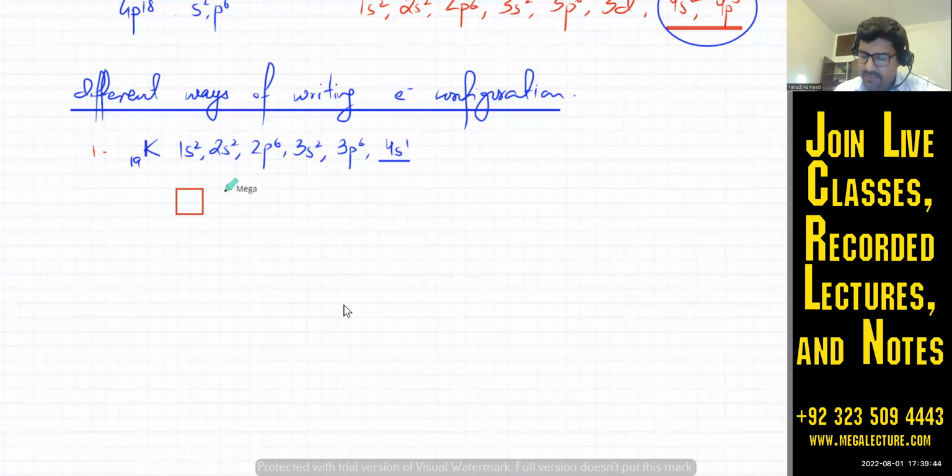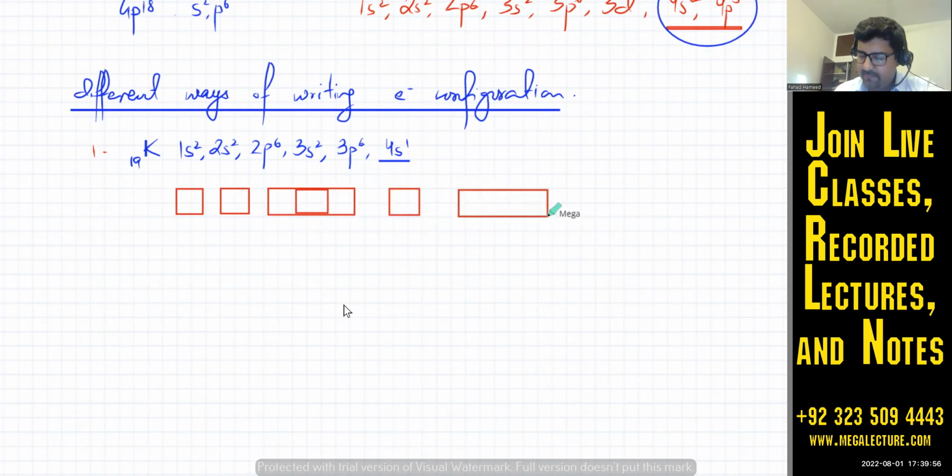Okay, 1s is then 2s. 2p is going to be bigger in size. Here you have 3s, then 3p. And then the last one is 4s. Okay, every box 1s has 2 electrons. 2s has 2 electrons. 2p is full as well. पहले वो single manner में fill होगा, and then so that's full.